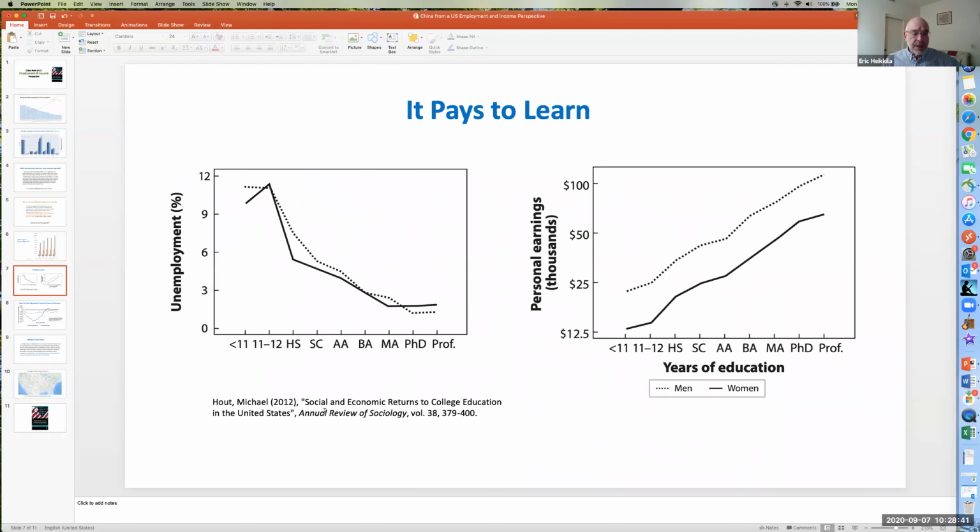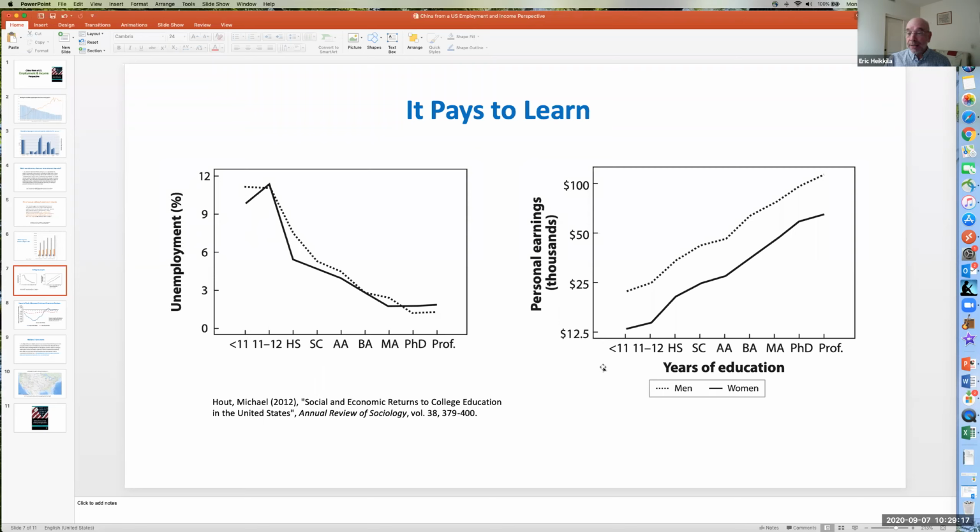One finding, studied by Mr. Michael Holt, has shown that there is a very clear correlation, and his study shows indeed causation, between level of educational attainment and employment. The higher one's level of educational attainment, the less likely it is that one is going to be experiencing unemployment.